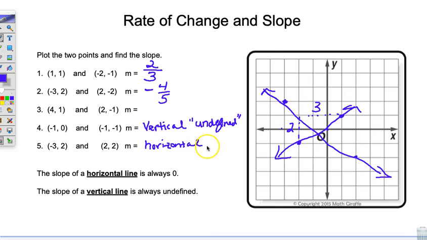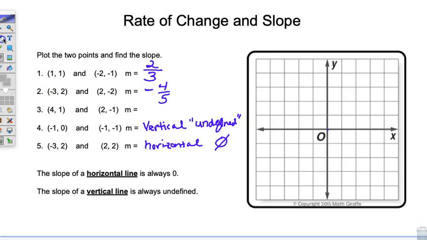And number 5, all horizontal lines have a 0 slope. So if you go ahead and graph these, I'm just going to erase this line here so that I can graph that. I'll erase this one too, so that we can see what these are going to look like.